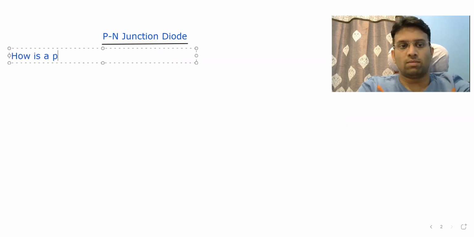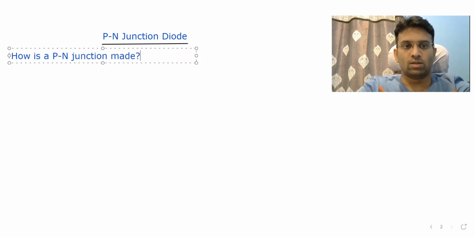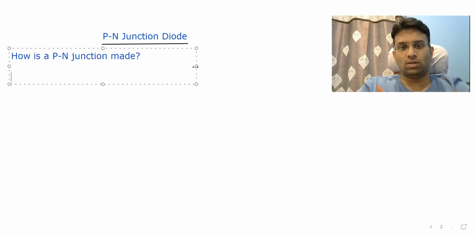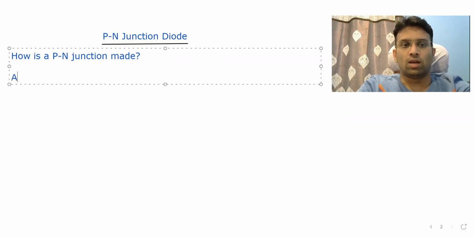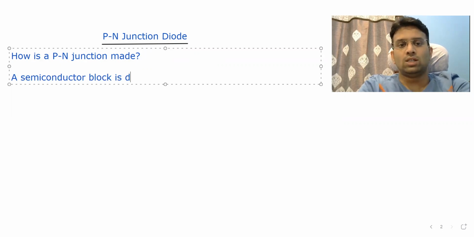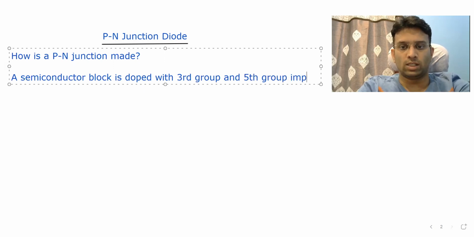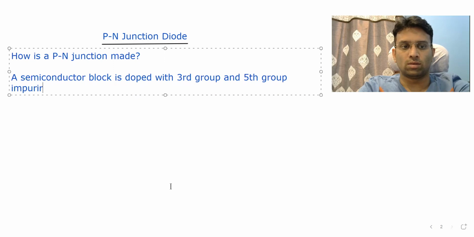So how is a Pn junction made? To answer that question, we can simply say that a pure semiconductor block is doped with third group and fifth group impurities on either side.